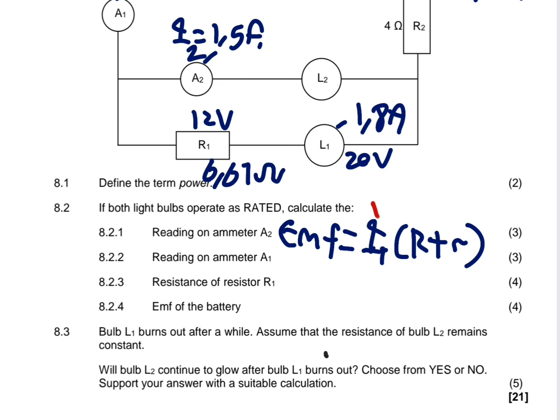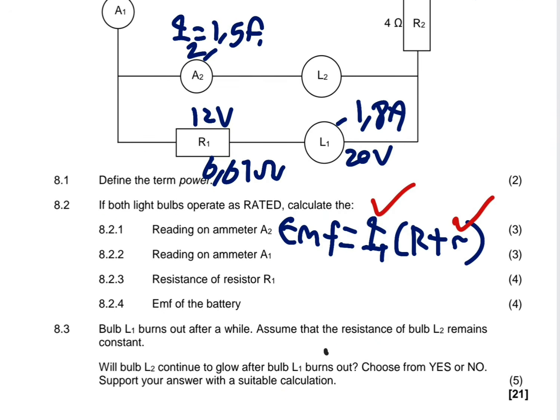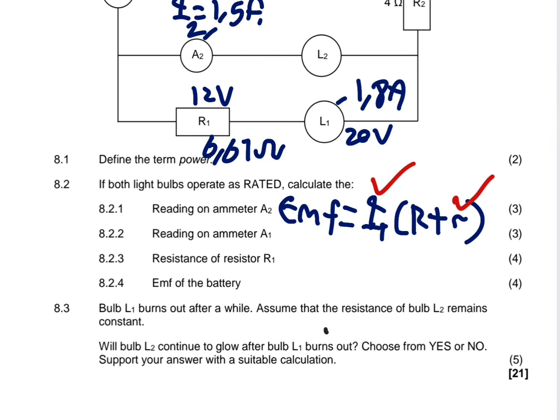We need the total current, which we already have. We need internal resistance, which was already given. They said it's 0.6. Now we need the total resistance. Do we have the total resistance? No, we don't, which is what we need to calculate.